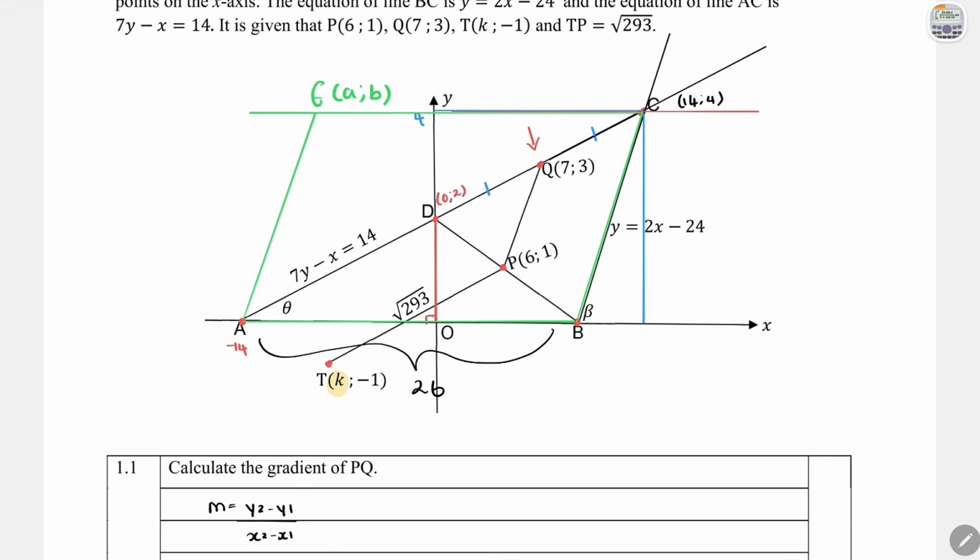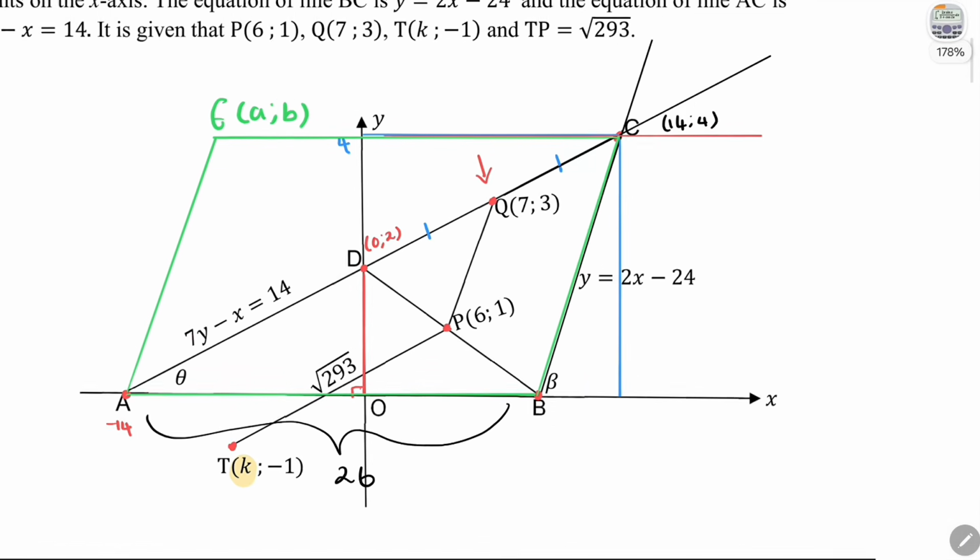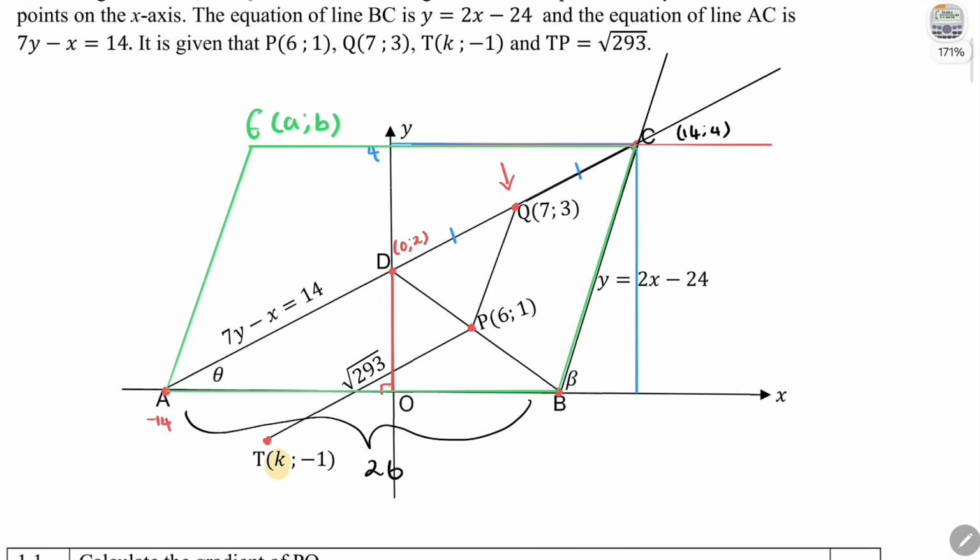So how would we find this, given that this shape is a parallelogram? Yes, we know that with a parallelogram, the opposite sides are parallel, but that's not really going to help us very well here since we have two points missing.